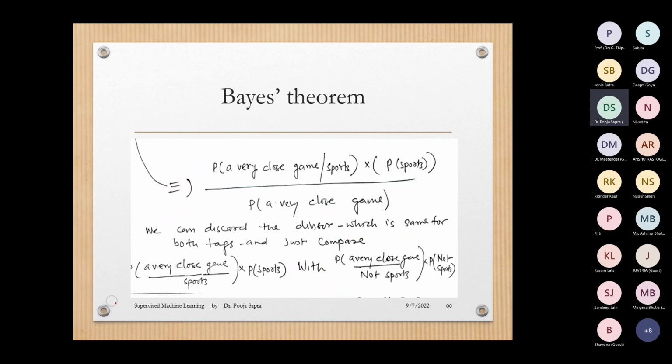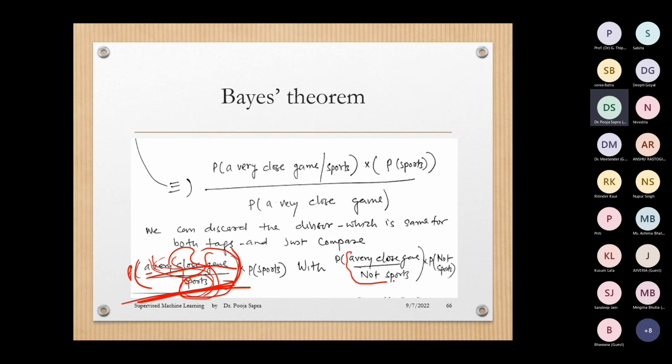Now I am required to find the next thing, which is based on the Naive principle. The Naive principle says that whenever I want to find out such a probability, this particular factor, let us find the probability of A given sports, multiply it with the probability of very given sports, multiply it with the probability of close given sports, multiply it with the probability of game given sports.